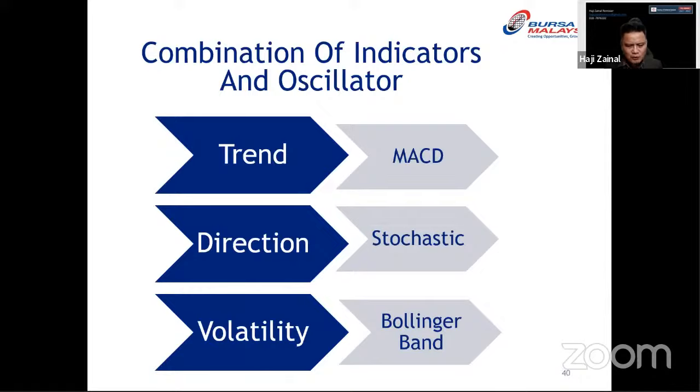Trend is more towards the long term; direction is more towards the short term. For example, let's say I draw like this, the market moves like this. This is a trend, and this is what we call a direction. This is also a direction. That's what it means.